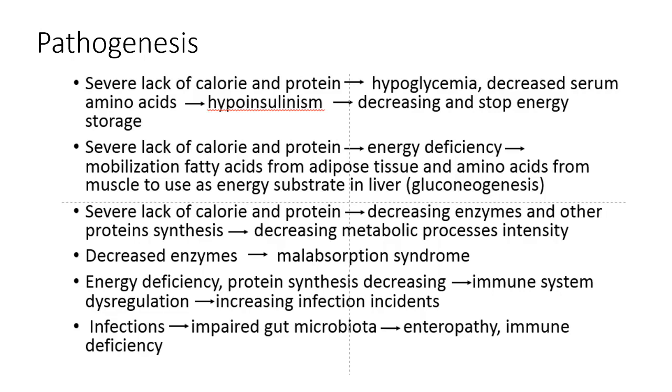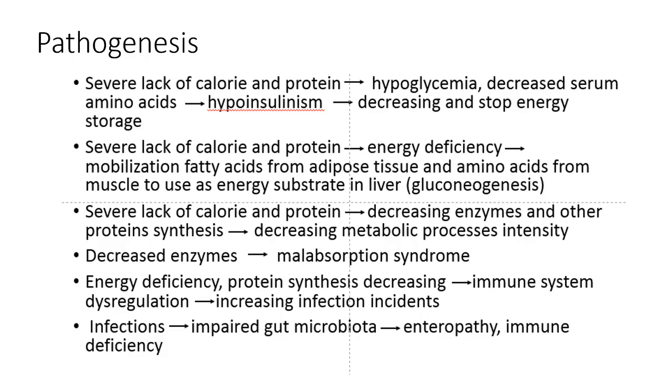So we can see energy deficiency and decreased protein synthesis. Of course, the immune system can't produce good quality proteins, antibodies, can't activate the T cells, and we can see immunodeficiency and infections.